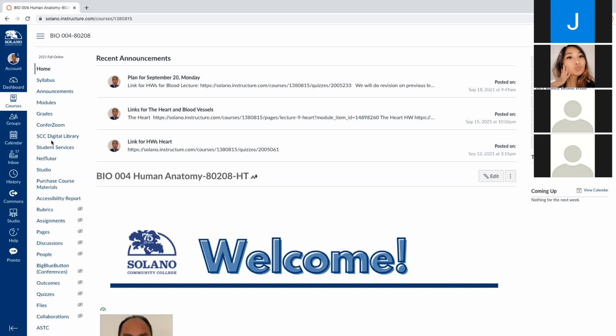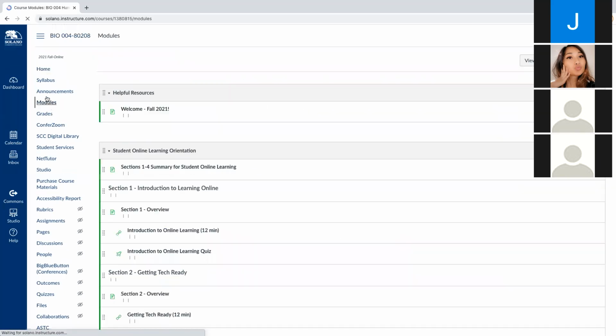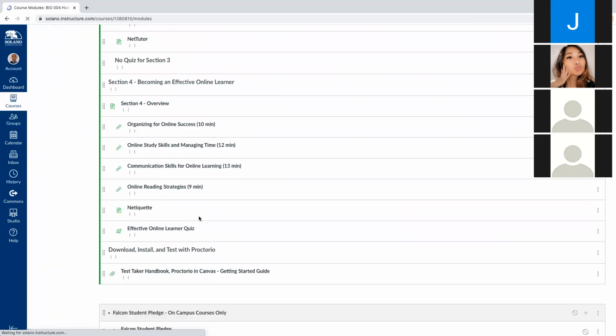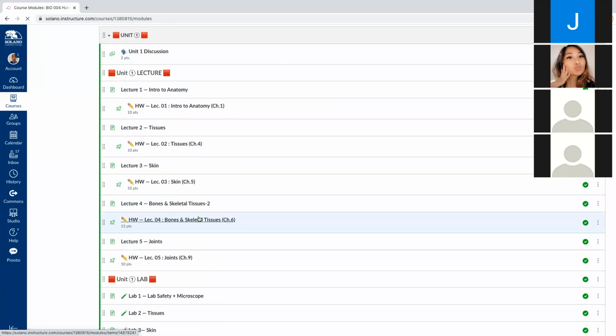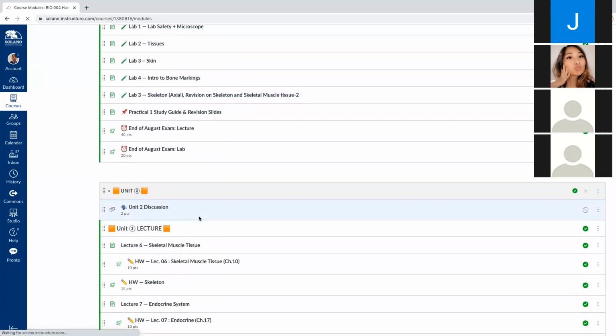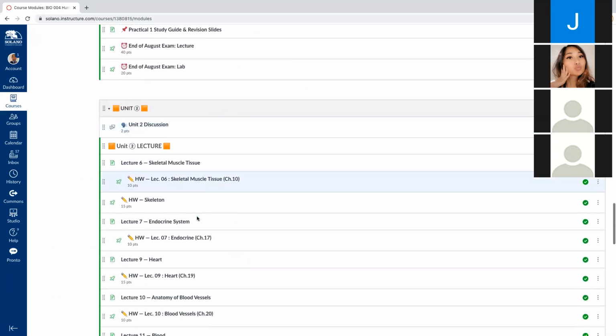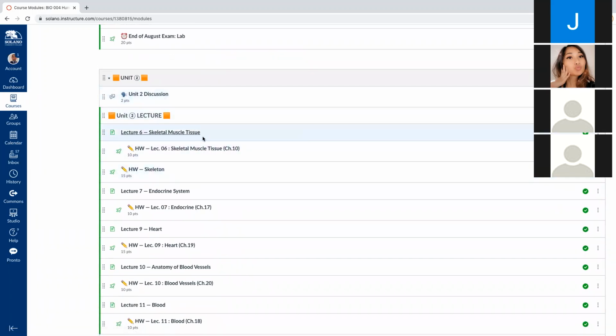And please always check on the Canvas website. If you go to modules, we are now in Unit 2. What have we done for this unit?